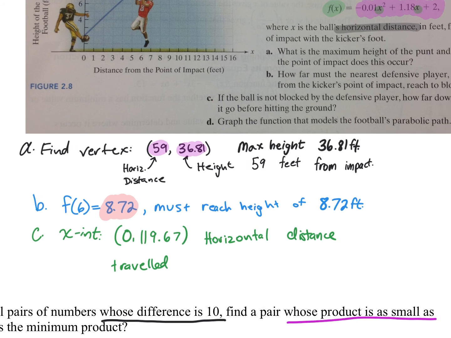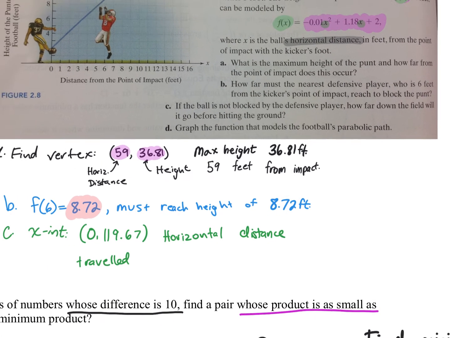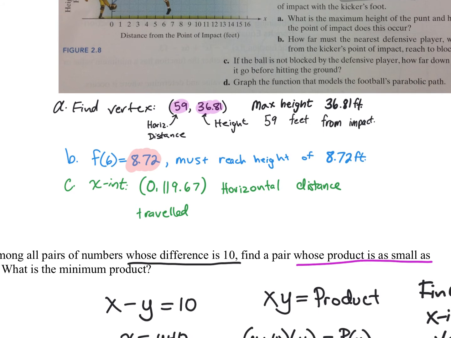Part C asks us, if the ball is not blocked, how far will the ball go? Really, it's asking us what the horizontal distance will be if the height is 0. My apologies, I wrote that coordinate backwards there. Let me adjust that.